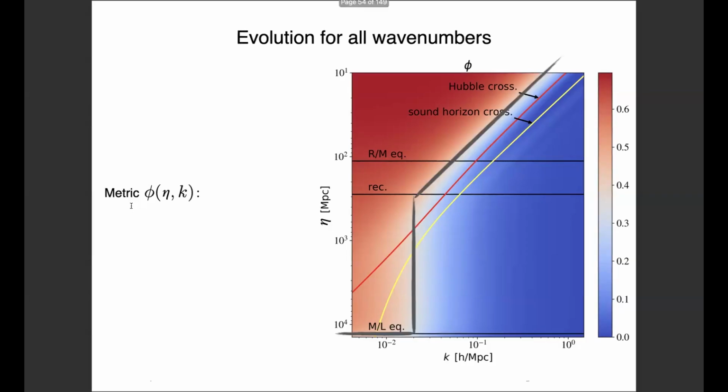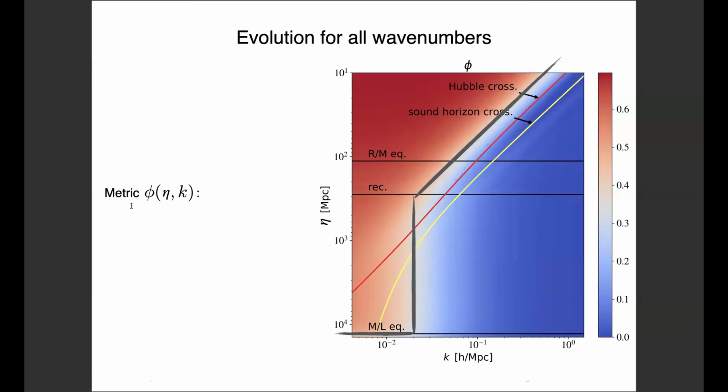So what do we see? We see a pattern like this. Everything on top of the gray curve is a high constant value of psi. Everything below the gray curve is 0. And we can understand it in this way. The modes with a large k or a small wavelength cross the Hubble radius deep inside radiation domination.